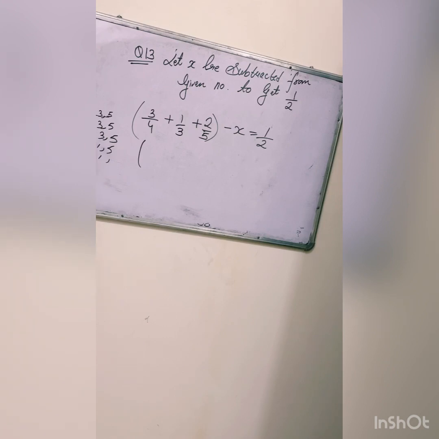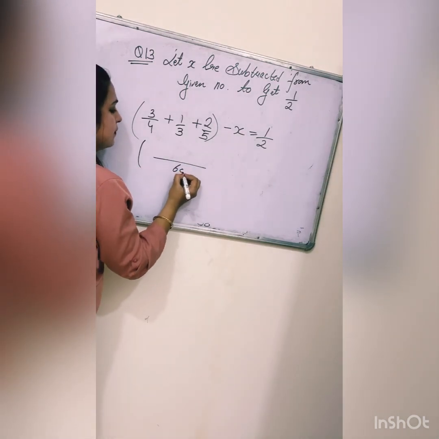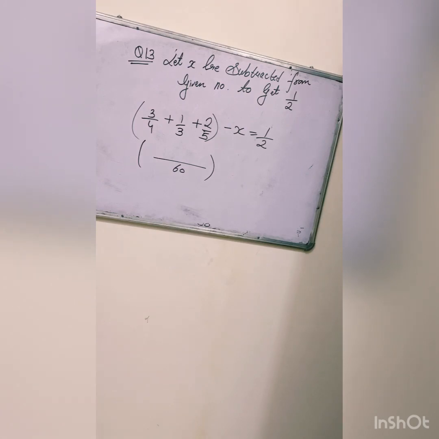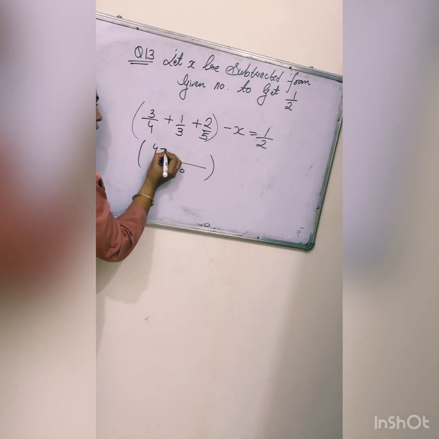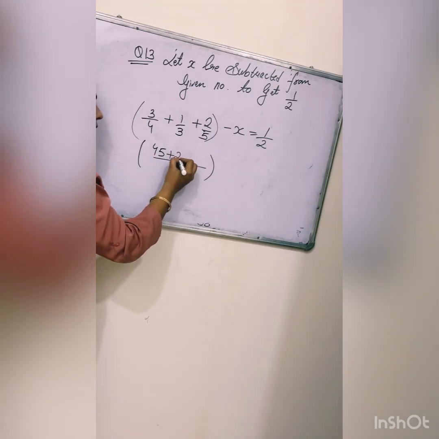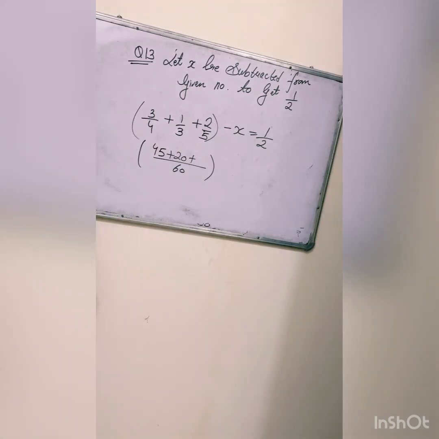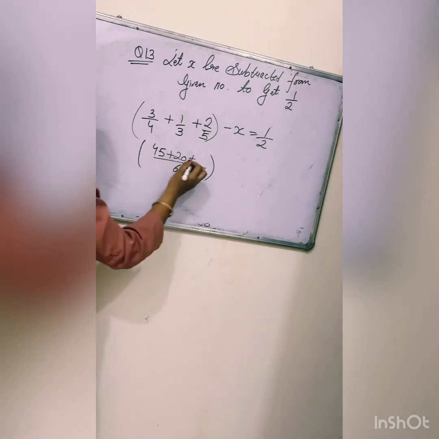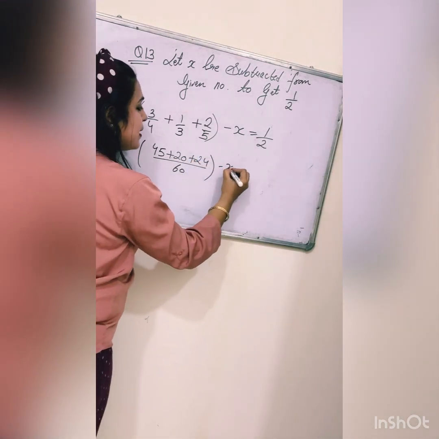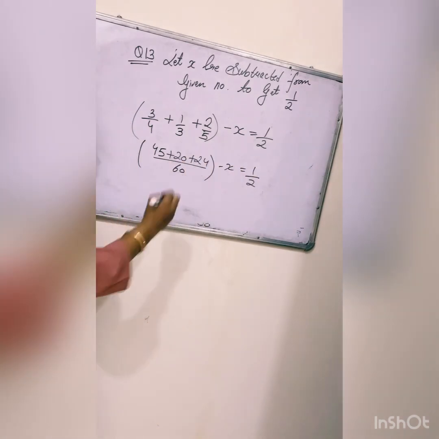So 2 2s are 4, 4 3s are 12, 12 5s are 60. 60 will be the LCM. 4 15s are 60. What do we multiply 4 by to get 60? That will be 15. So 15 3s are 45, 3 20s are 60, 5 12s are 60. That is 24. Minus x is equal to 1/2.